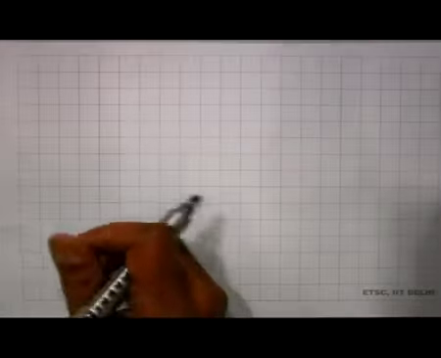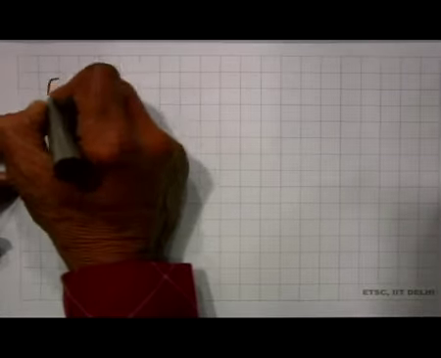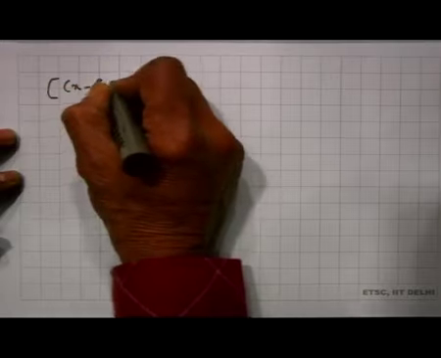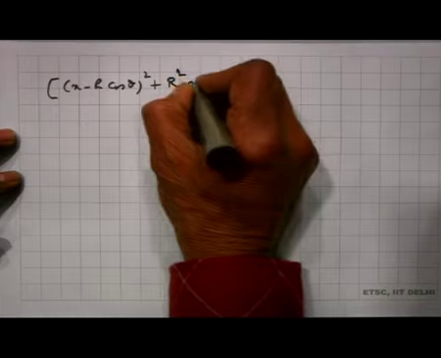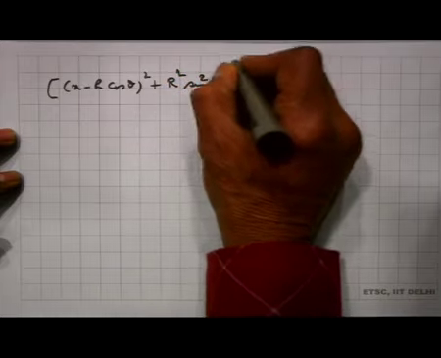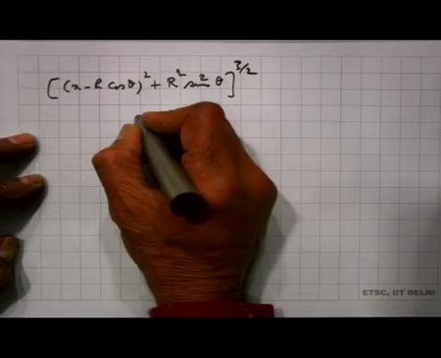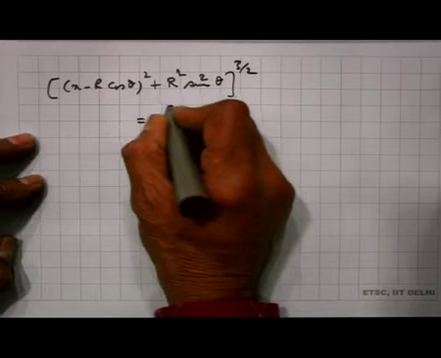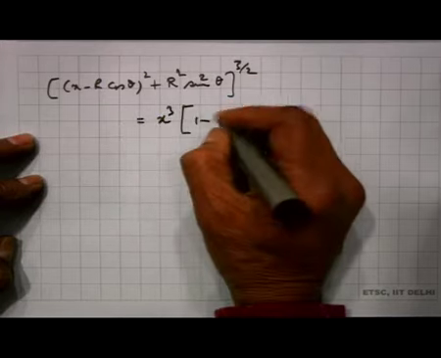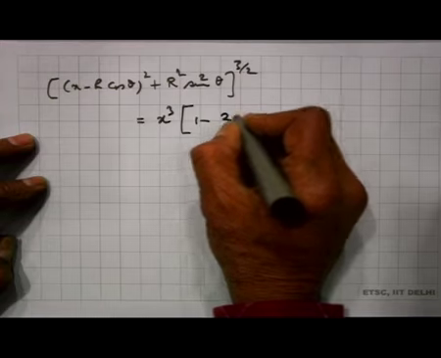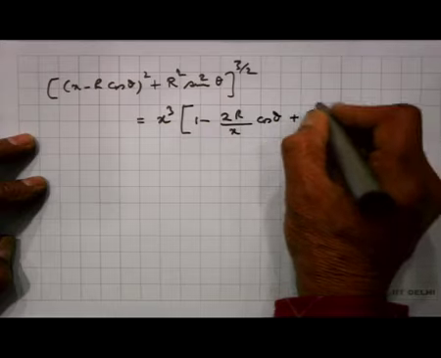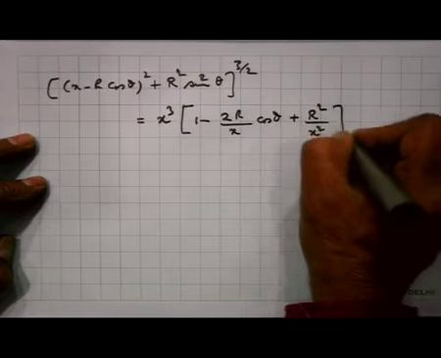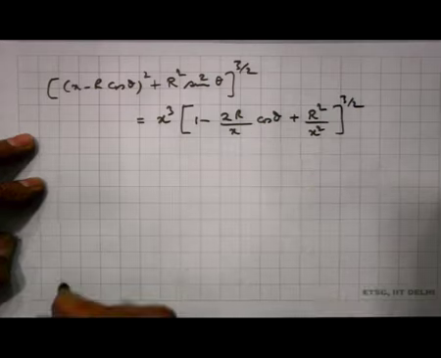This denominator has the same quantity raised to 3 by 2. So, let me calculate (x minus r cos theta) whole square plus r square sin square theta raised to 3 by 2, which is equal to x cube into (1 minus 2 r by x cos theta plus r square by x square) raised to the power 3 by 2.